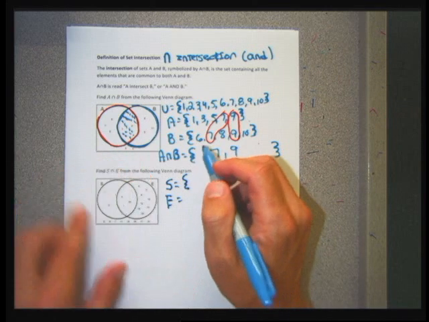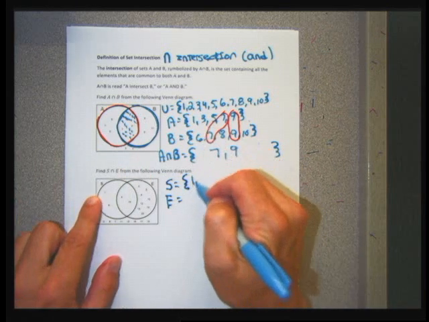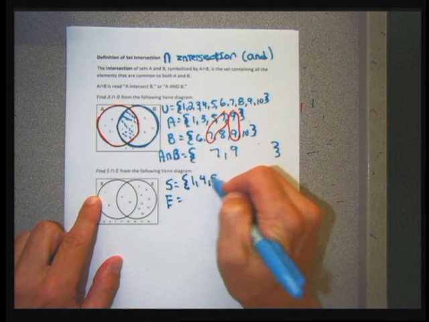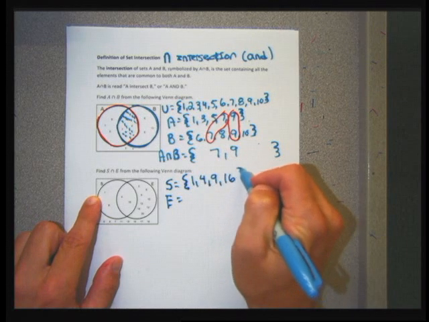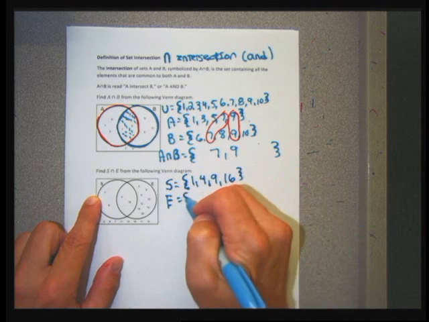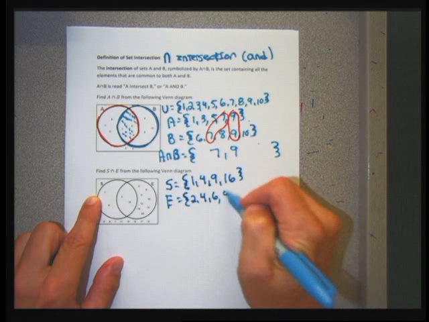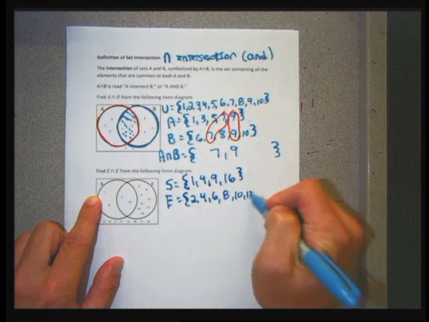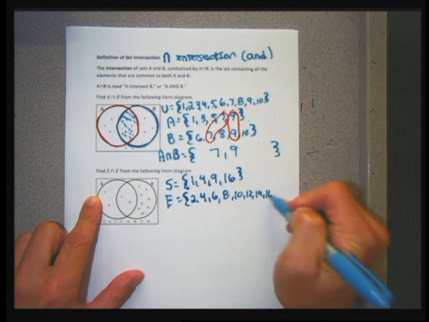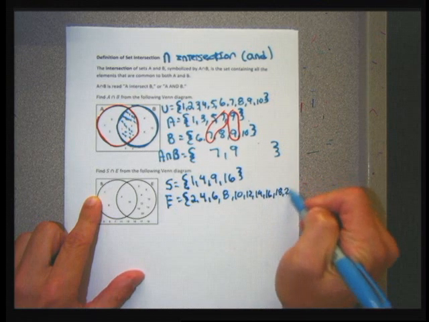So set S is the set 1, 4, 9, and 16. Set E is the set 2, 4, 6, 8, 10, 12, 14, 16, 18, and 20.